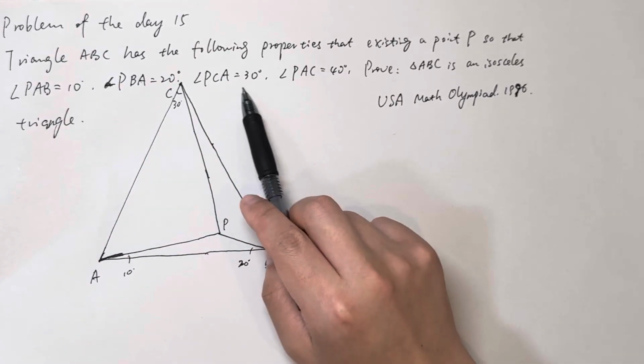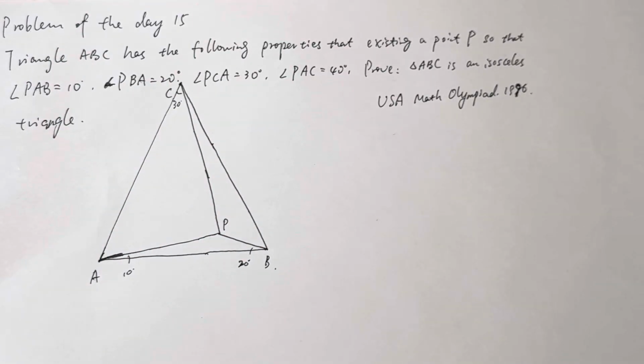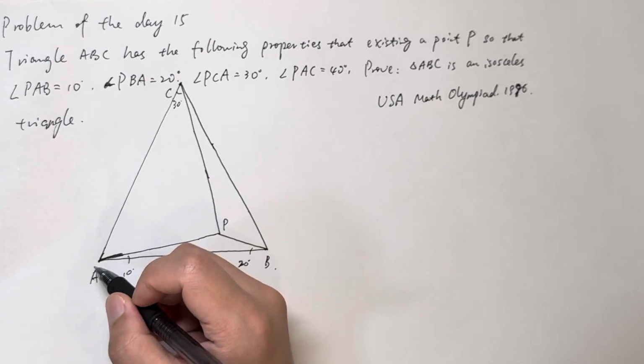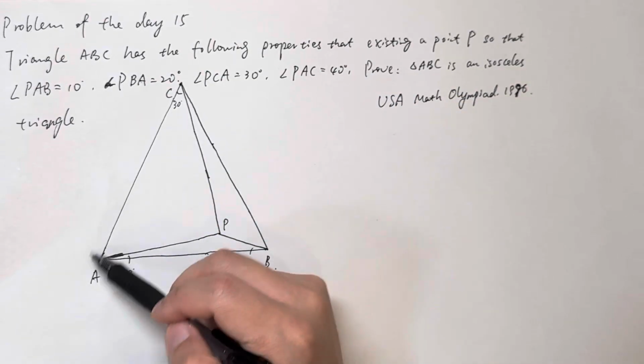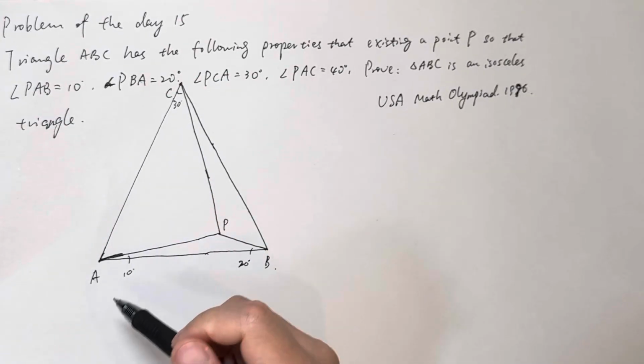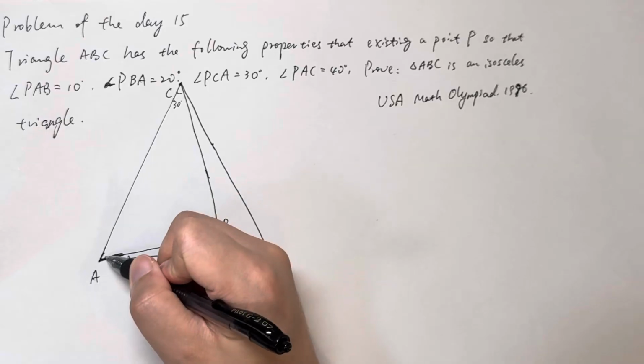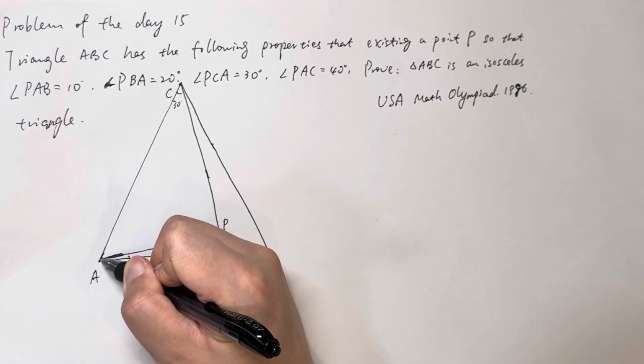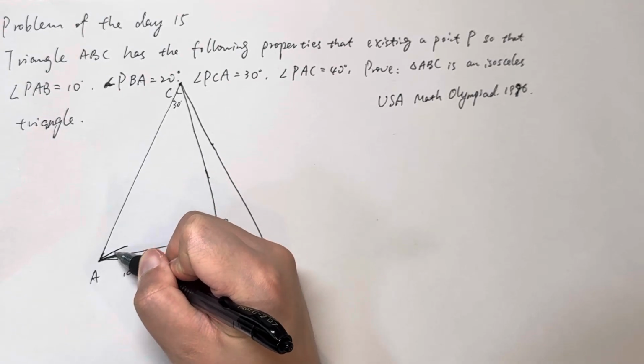So we have to use these angle added up relationships to find the breakpoint, right? So here we know that angle PAC is 40 degrees. If I split it into 30 degrees plus 10 degrees, then we can get an isosceles triangle first here, right?